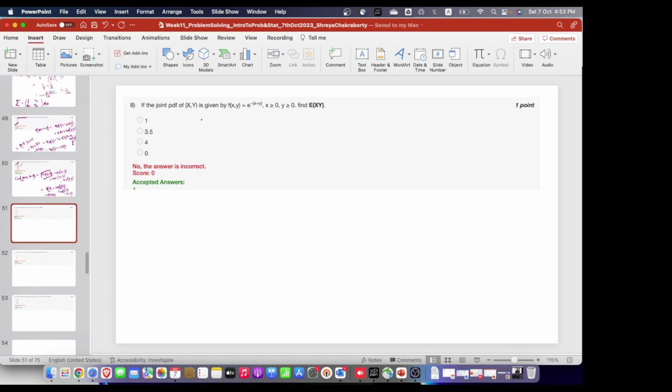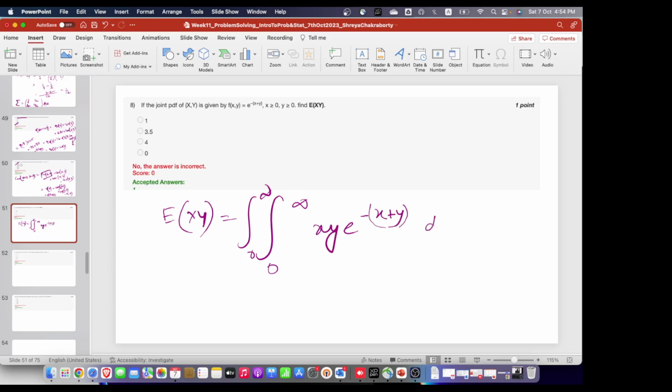So here it says if the joint PDF is given by this, then find expectation of xy. So expectation of xy is the integral from 0 to infinity, 0 to infinity, of xy e to the power minus (x plus y) dx dy.